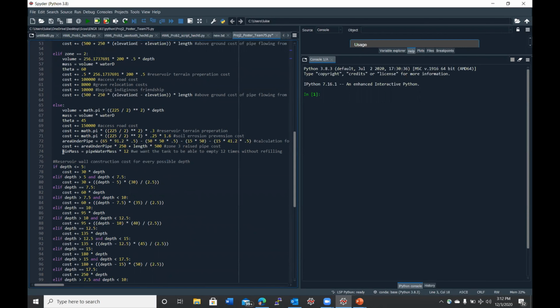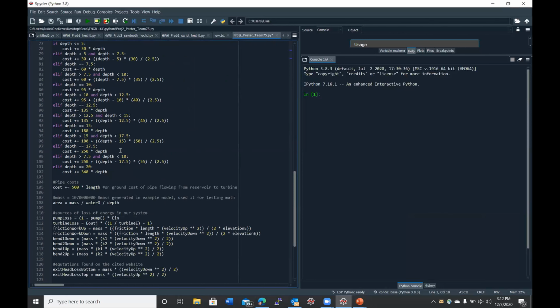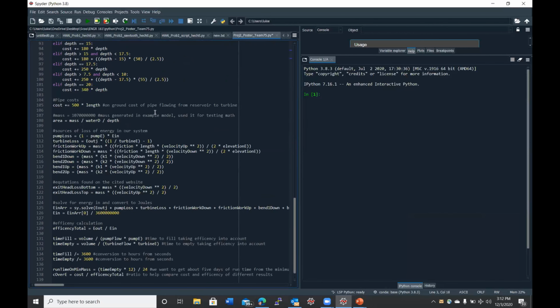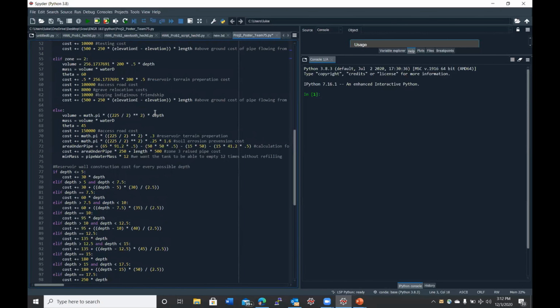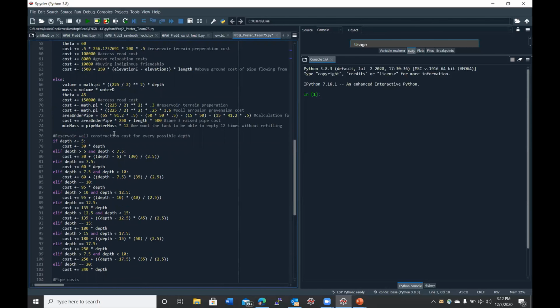So we had this calculation for the minimum mass, and we determined this number 12 by seeing how many times we could run the time to empty, and we wanted to make it so that our system could still run for about 5 days without having to refill.